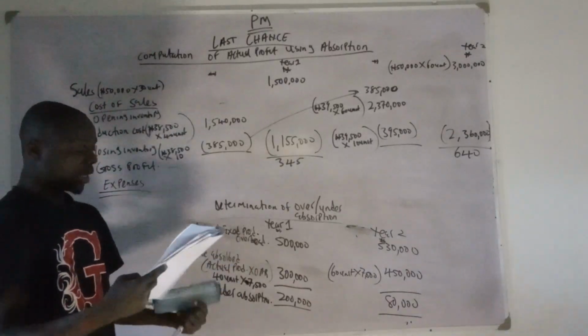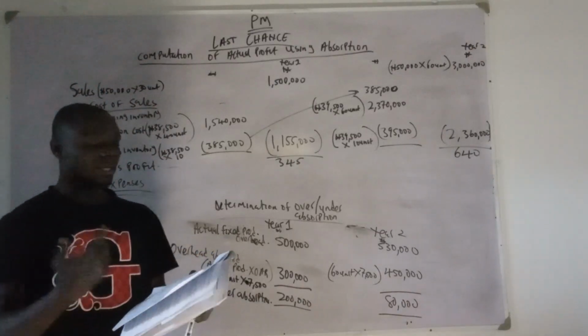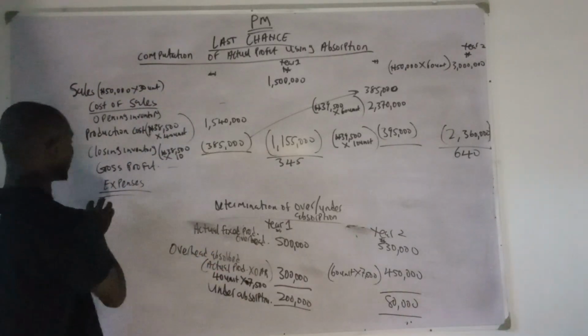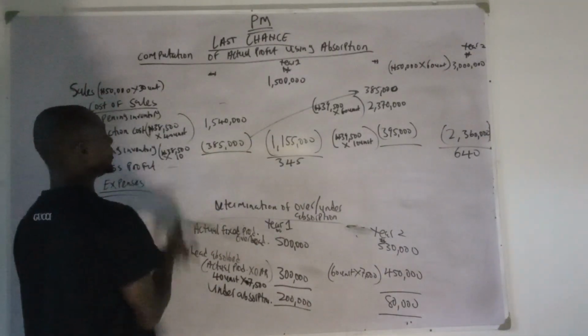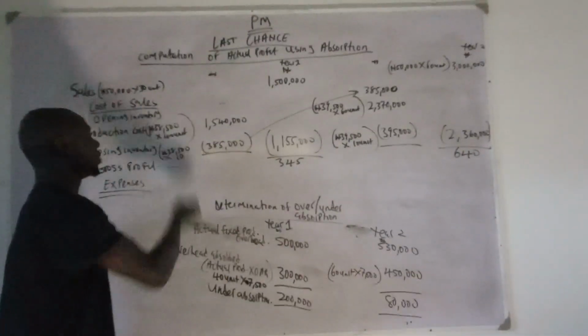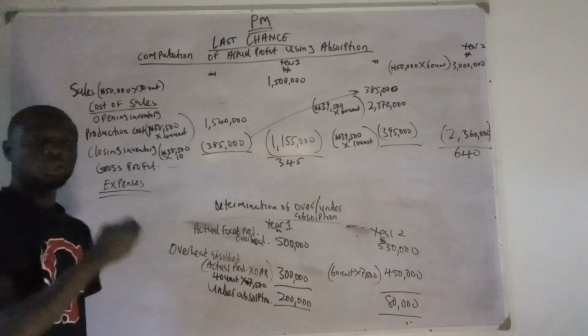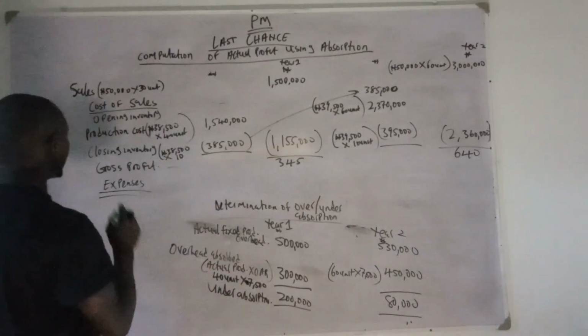Right? So in this question now, do we have anything like that? No fixed selling and distribution. Please don't bring in fixed production overhead again, because you've already used it to determine your over and under absorption, right? You've also used it to charge your production cost as full cost, right?